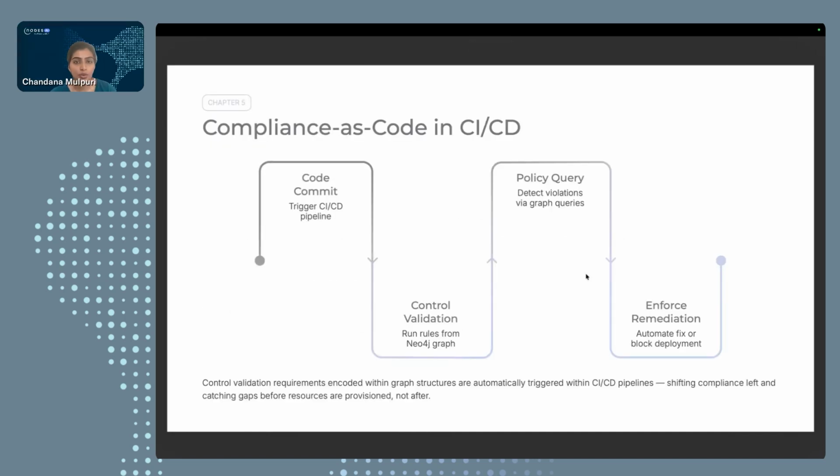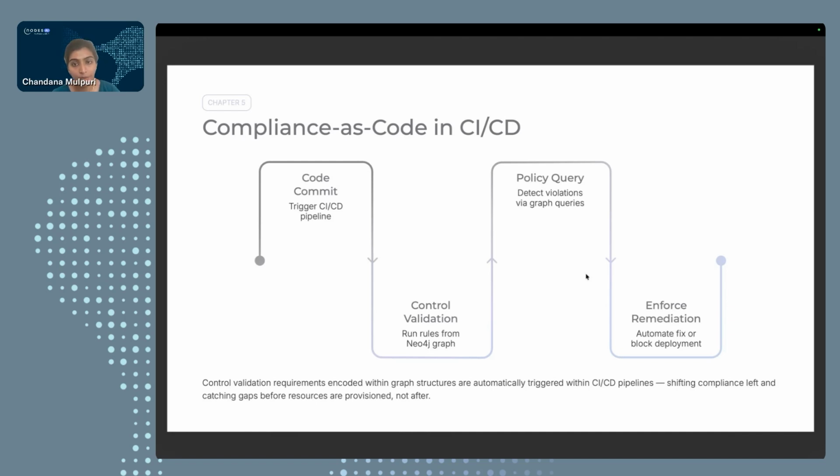So, compliance as code in the CI/CD. This is another interesting topic we have. Rather than compliance coming at the end of the development life cycle, after everything is done and we are ready for production, we've integrated compliance as code in the CI/CD pipelines themselves. Whenever a code commit happens, it triggers the CI/CD pipeline, and control validation happens in the next stage, where we run rules from the Neo4j graph.